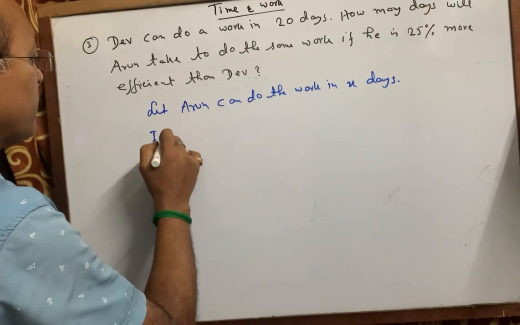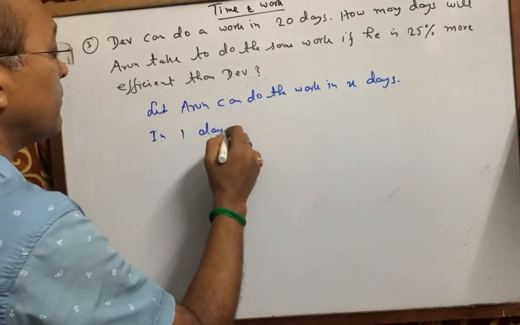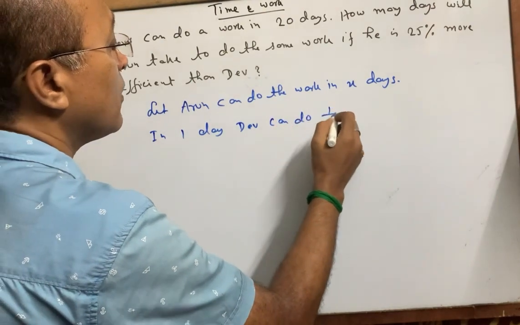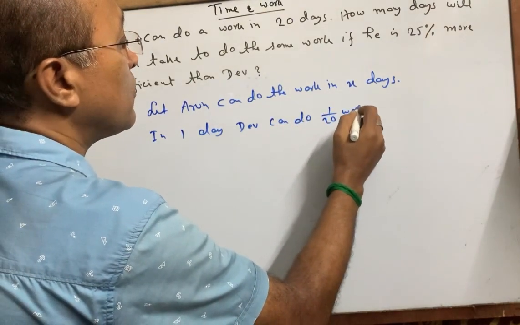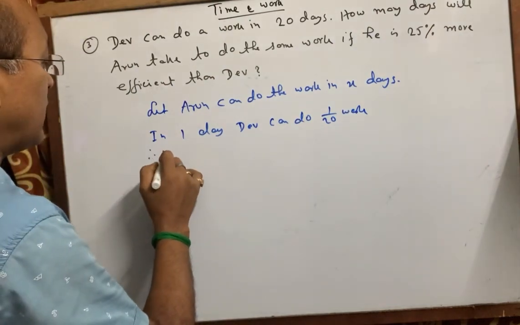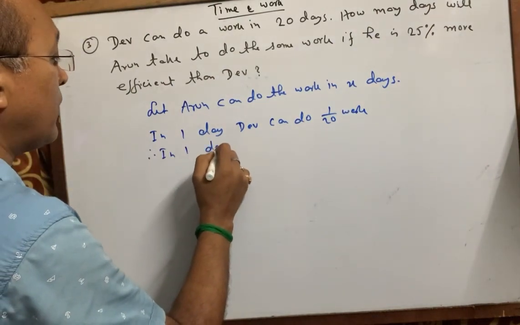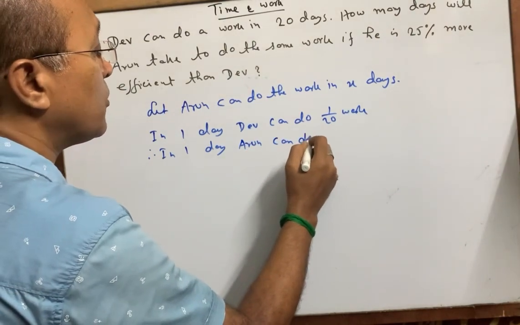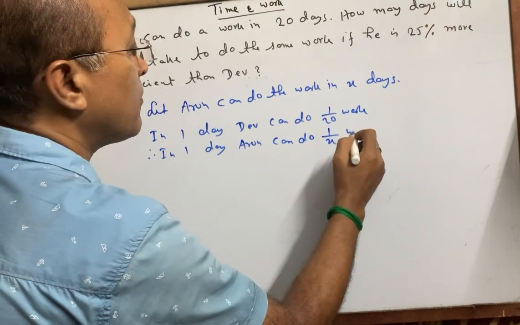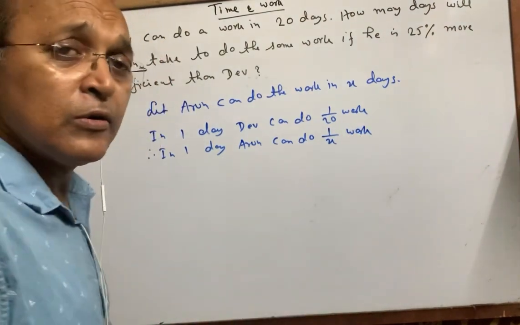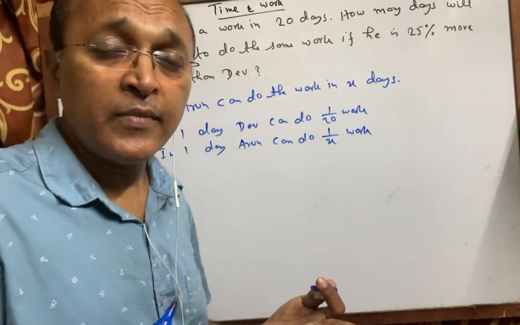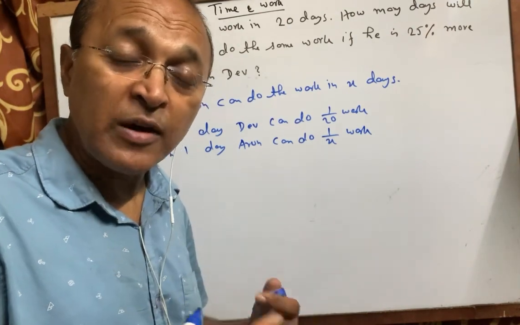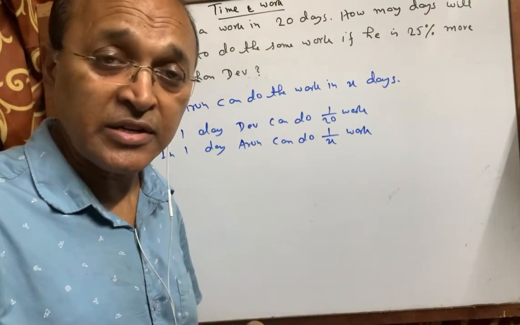Now, in one day, Dev can do 1/20 work. Therefore, in one day, Arun can do 1/X work. So, by the problem, Arun's work is 25% more than Dev's work, isn't it?